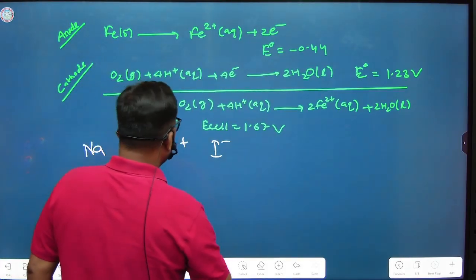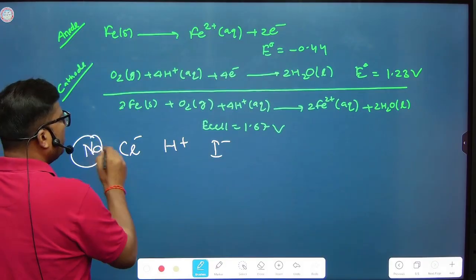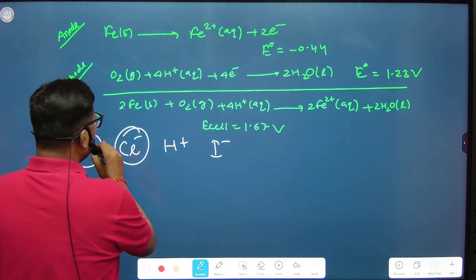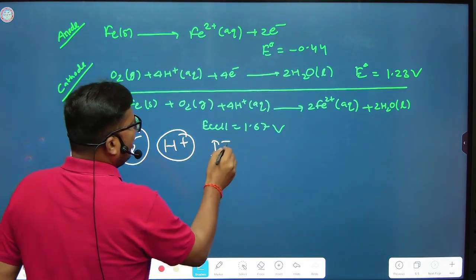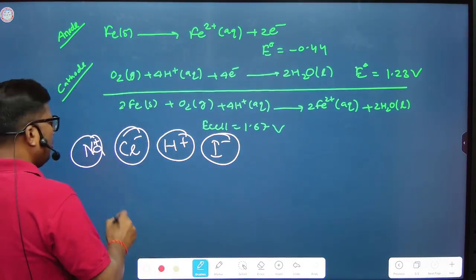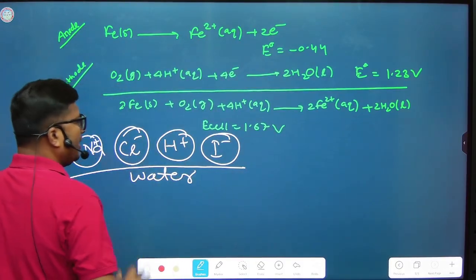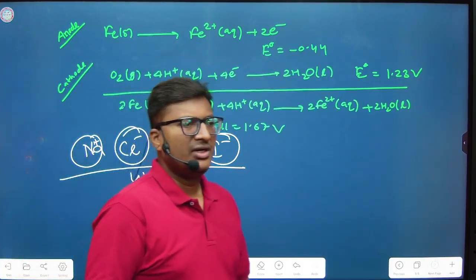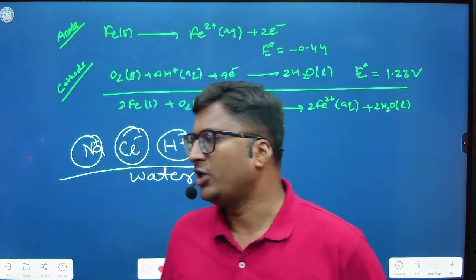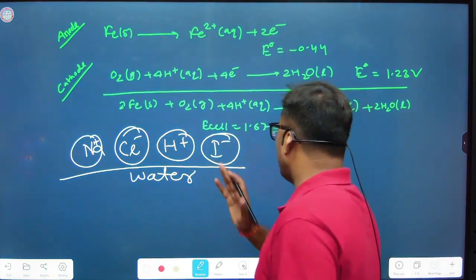So these are the sodium ion, chloride ion, hydrogen ion, and iodide ion. Suppose we have water, and we want to set up an electrolytic cell for the electrolysis of water.